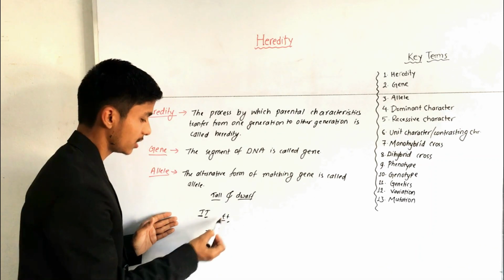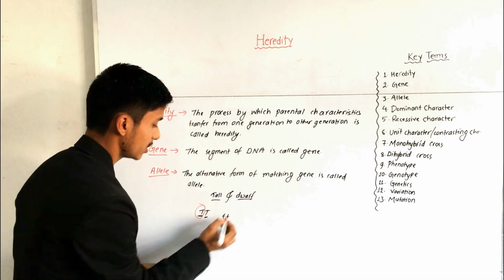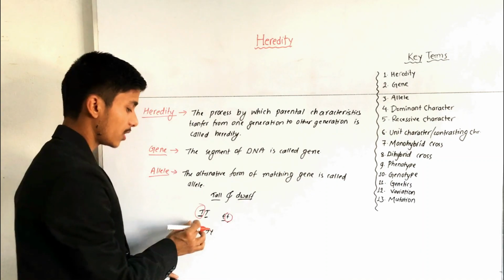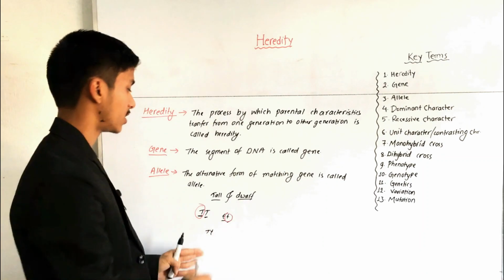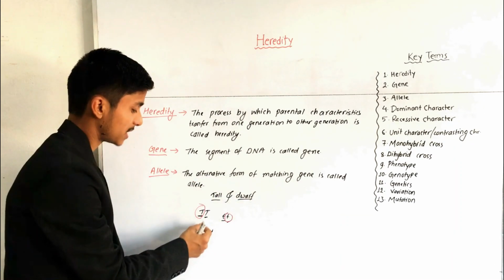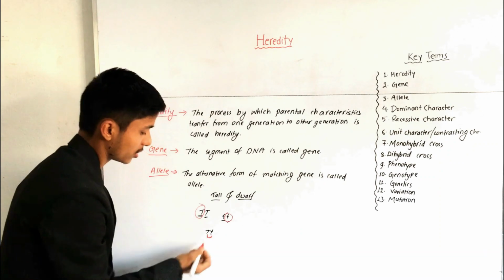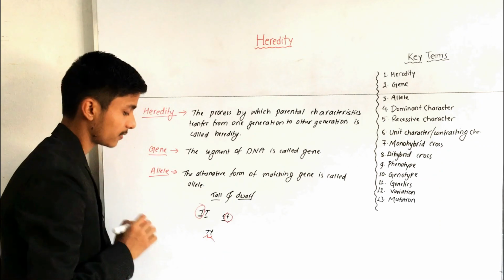Here, only capital T or only small t, either one of these is called an allele. It is the alternative form of a matching gene. You can see here the matching gene, and this is the alternative form: here tall and here dwarf.